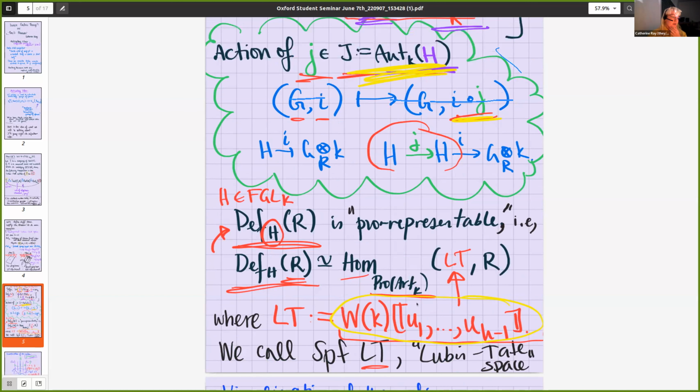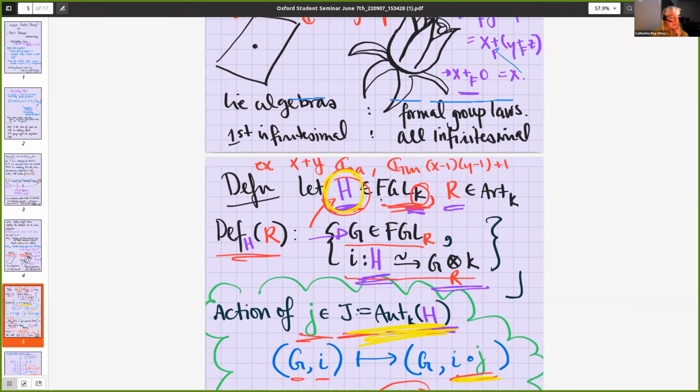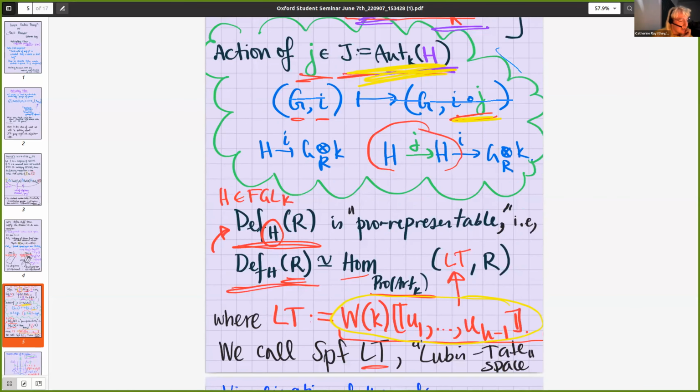Okay, so how does LT depend on H? Sorry, say that one more time. How does LT depend on H? Okay, so the dependence on H is hidden in the big H. So big H is a formal group of height h. I have not told you what height is. But formal groups over characteristic P fields are all isomorphic up to one invariant.